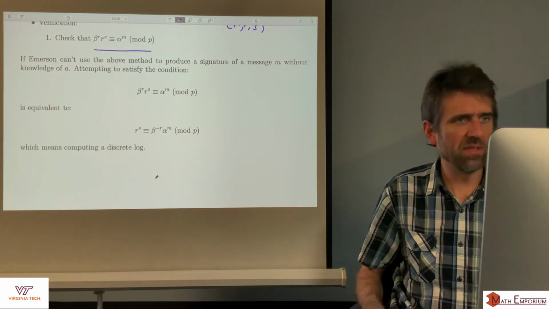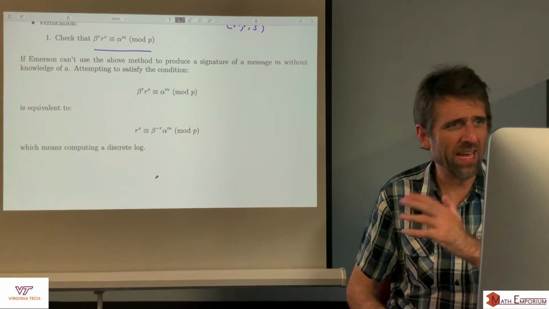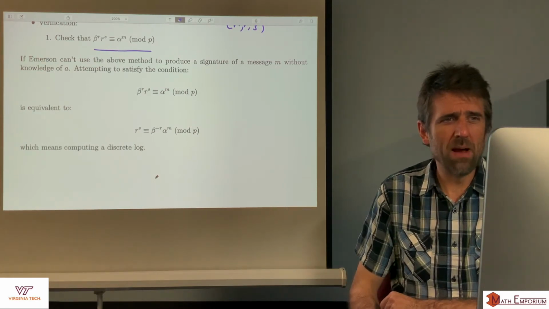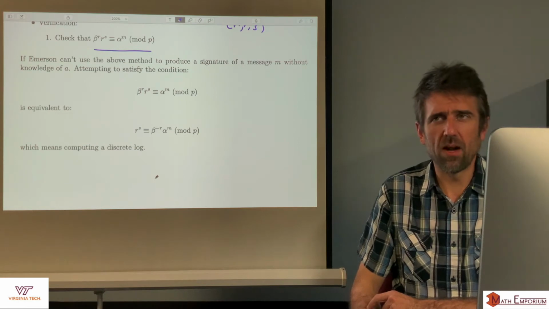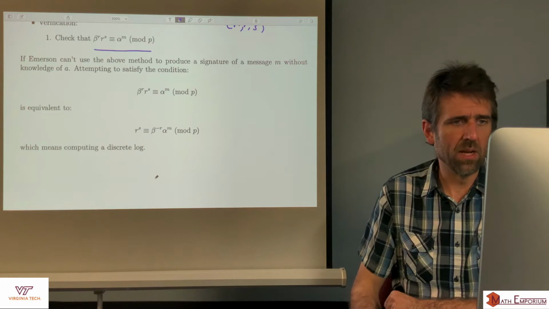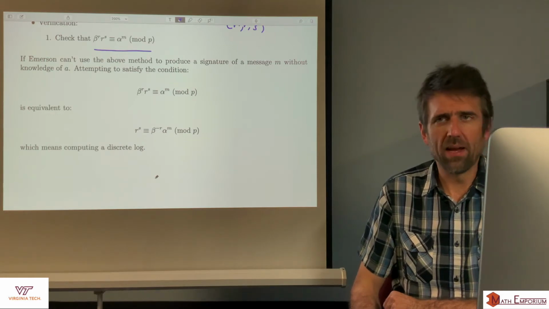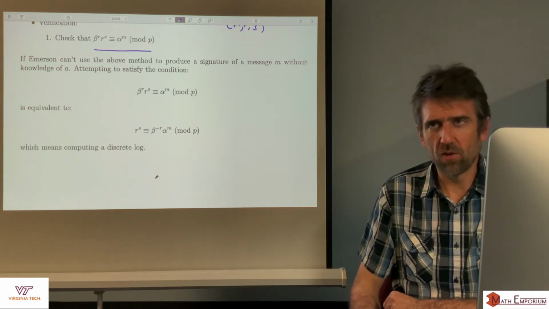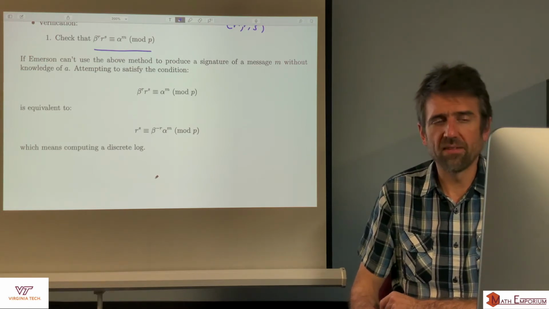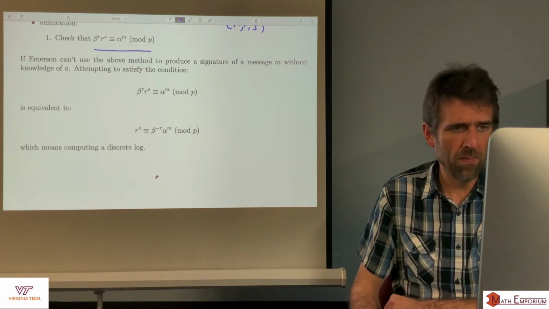If Emerson, or maybe Freddie, wants to try to use the above method to produce a signature on a specific message M, then knowledge of a is going to be necessary, right? Because they're going to be trying to satisfy the condition beta to the r times r to the s is congruent to alpha to the M mod p.